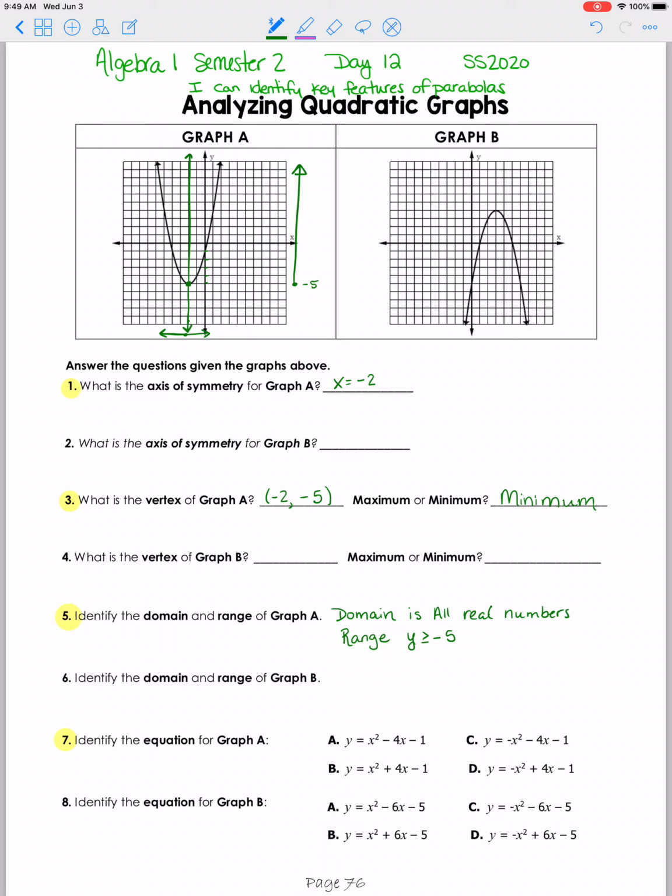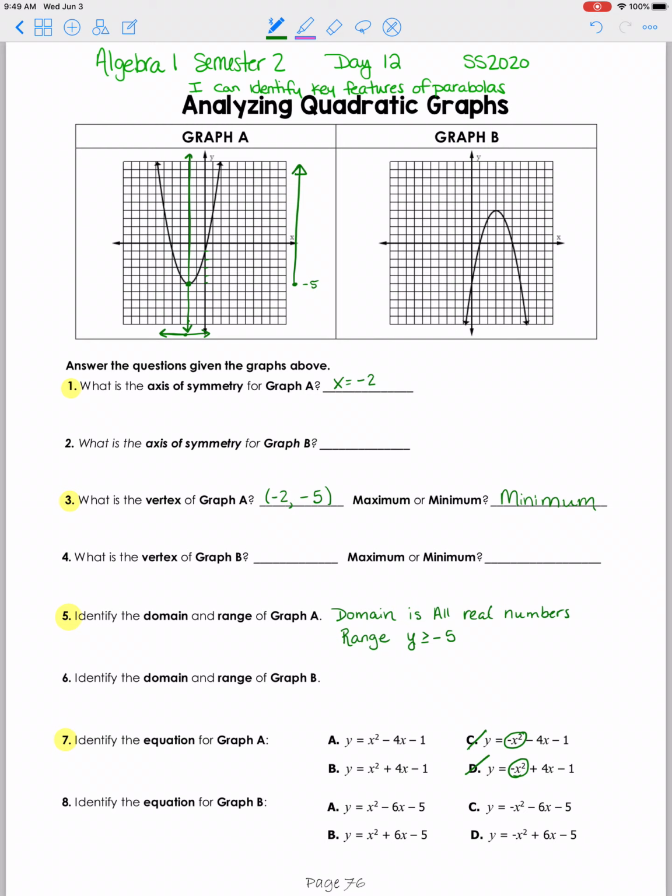Now, to find the equation, we want to look at some features of the graph. Since this opens up, that tells me that the x squared term is going to be positive. So I can eliminate option C and option D because those would open down, because that x squared coefficient is negative.